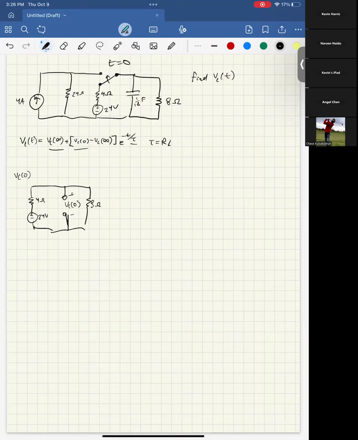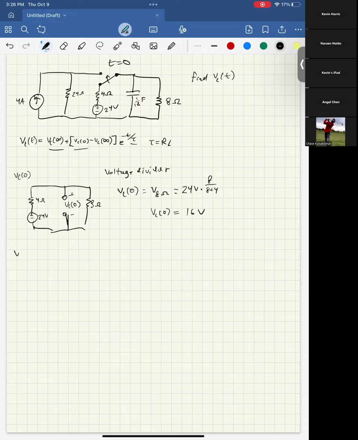If you look at this, this is actually just a voltage divider where VC of 0, since it's in parallel with that 8 ohm, is equal to the 24 volts input times 8 over 8 plus 4, which is 2/3. 2/3 of 24 is 16 volts, right?